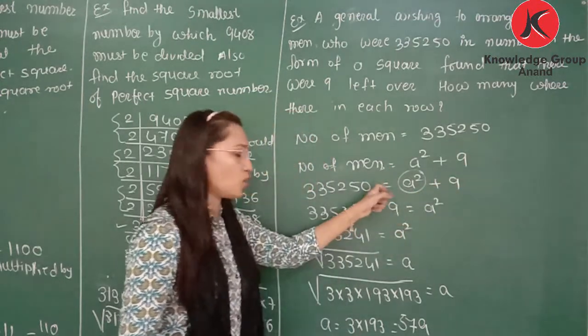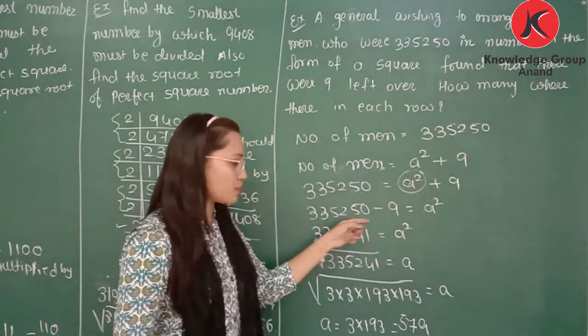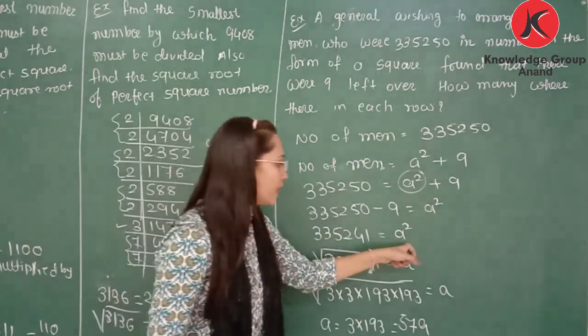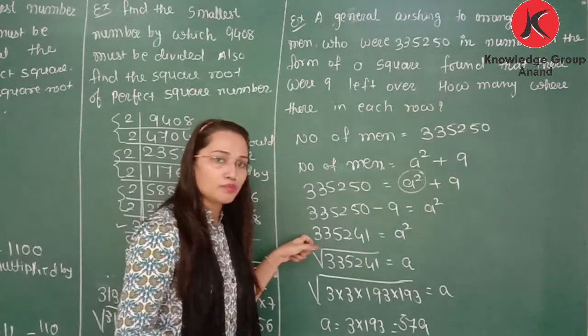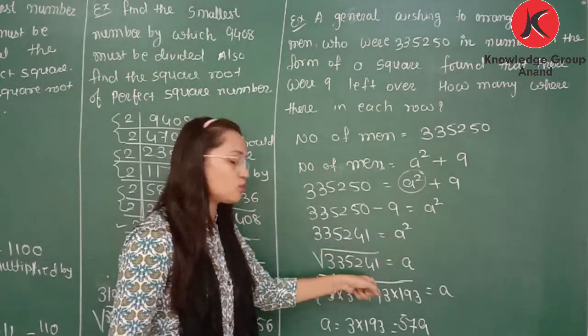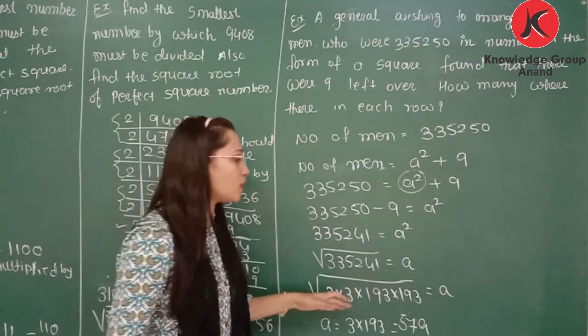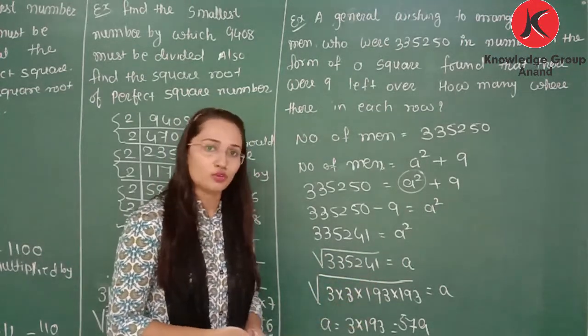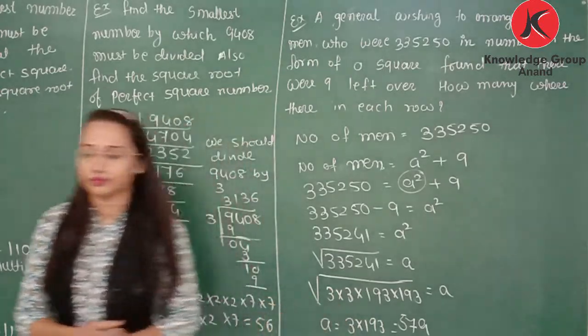Now take the 9 to the left side, so it will be subtraction. So we will get 3,35,241. Now this many men are arranged in a square. If we find the square root of this number, we will get the number of rows, or you can say the number of men in one row or one column.